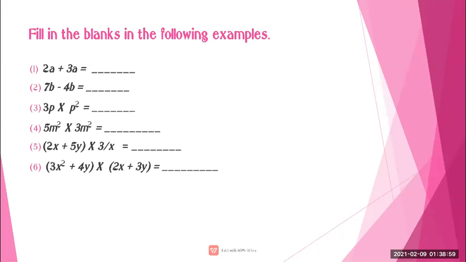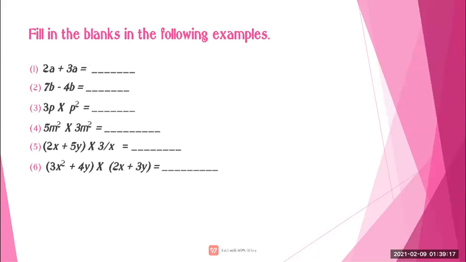Now my next question, the fourth one, is 5m square multiply by 3m square. Harsh, wrong. Yes, very good.